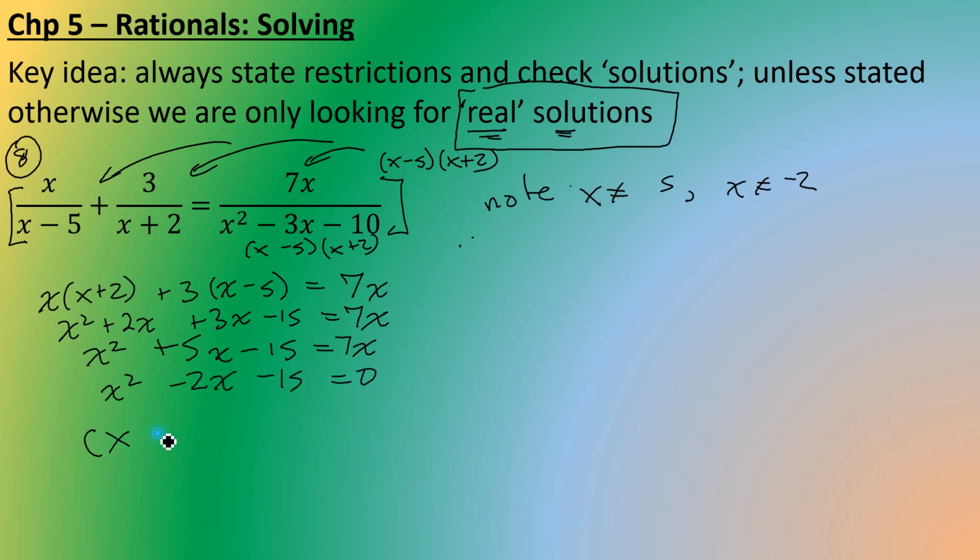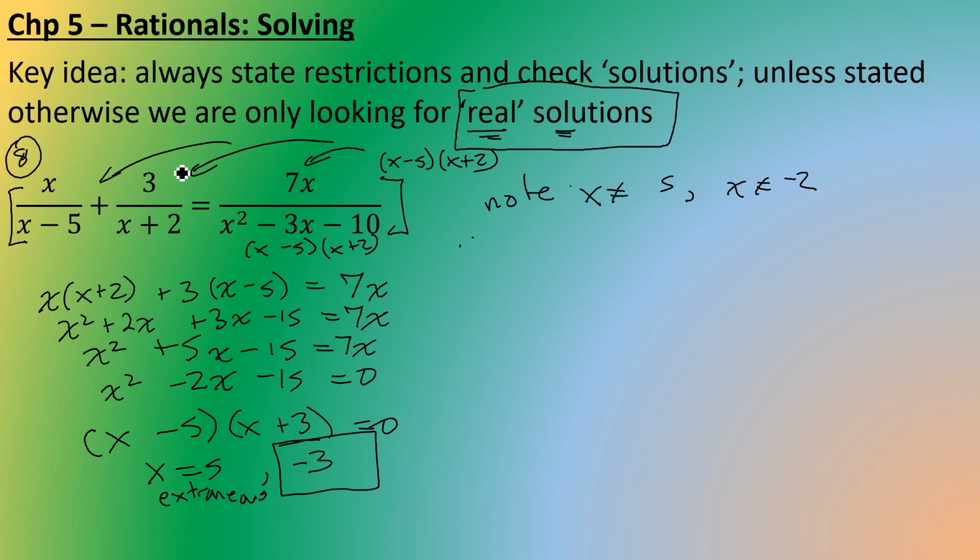Factor. And then x is 5, or x is negative 3, and this 5 is extraneous, so we just get negative 3.